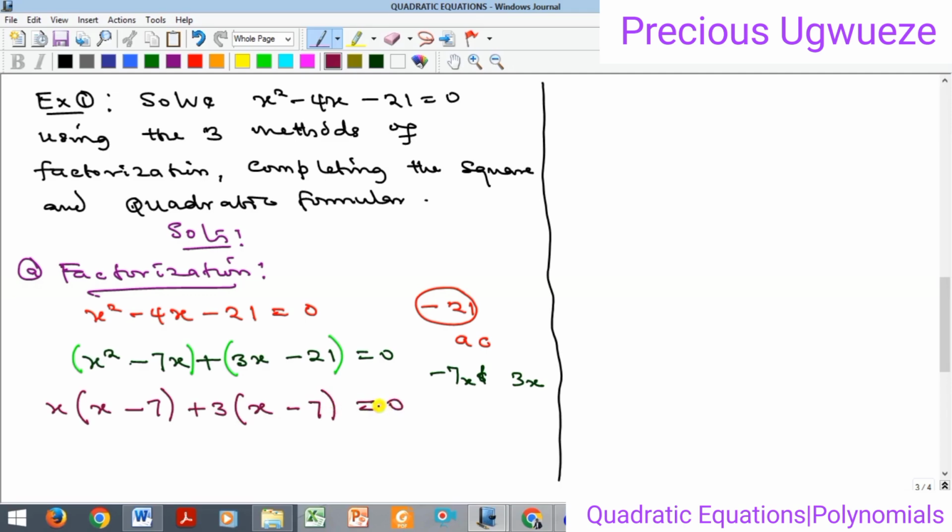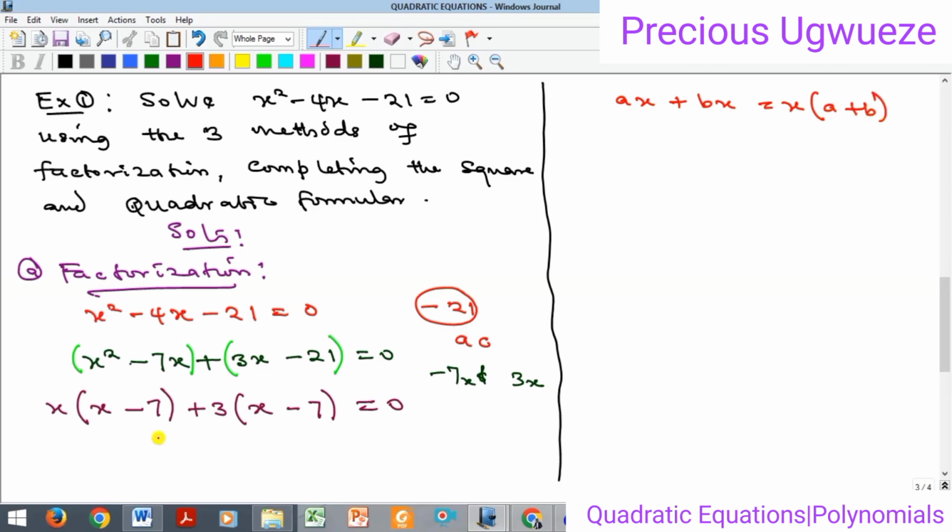Now you will discover that if you do this correctly, you are going to get two common brackets. The two brackets you're going to have here are going to be the same. And so when you have gotten that, the next thing now is to do that factorization. So bring out, because if I have, for example, ax plus bx, I can bring out my x because x is common here, and then I'll have a plus b left.